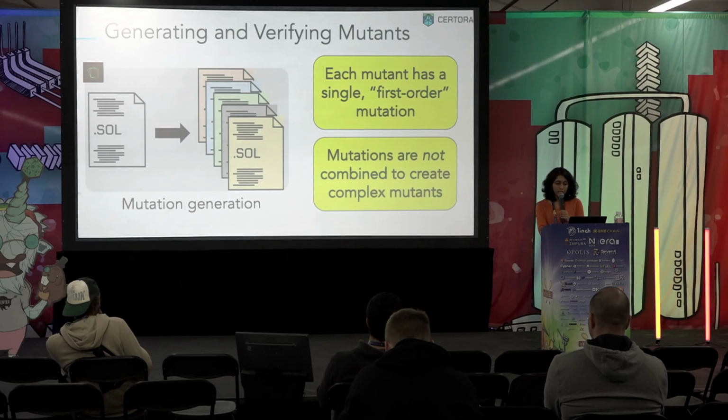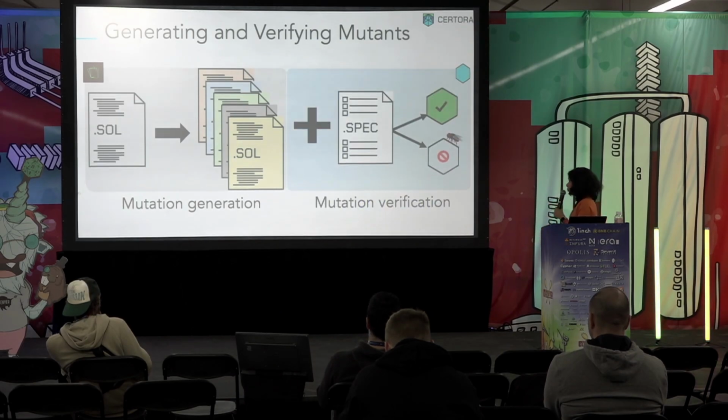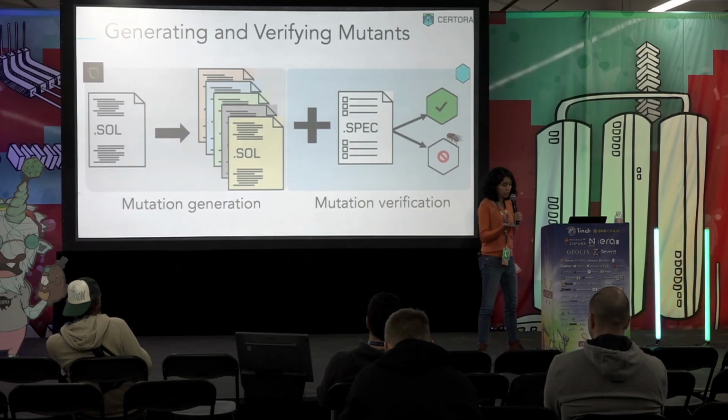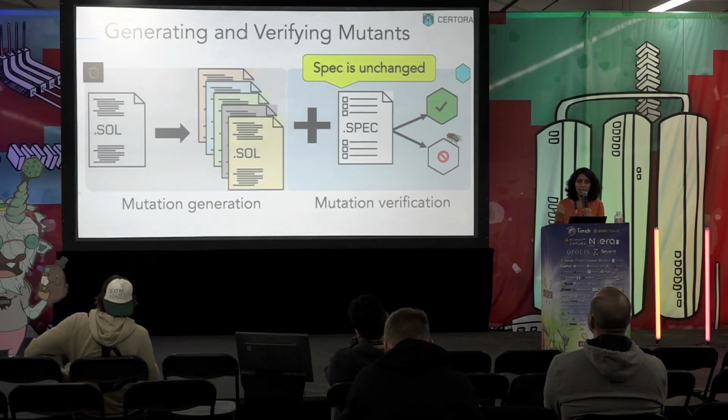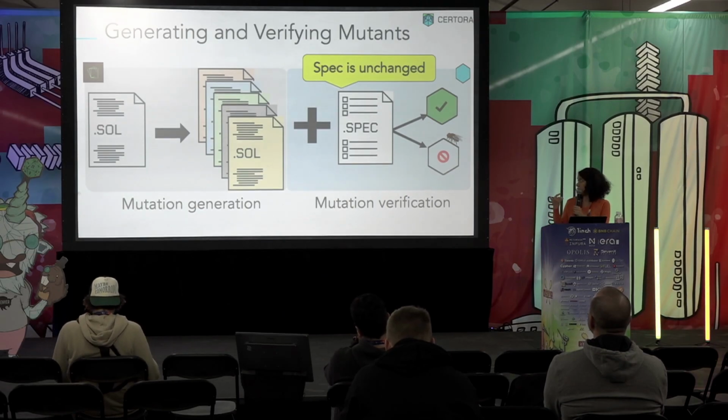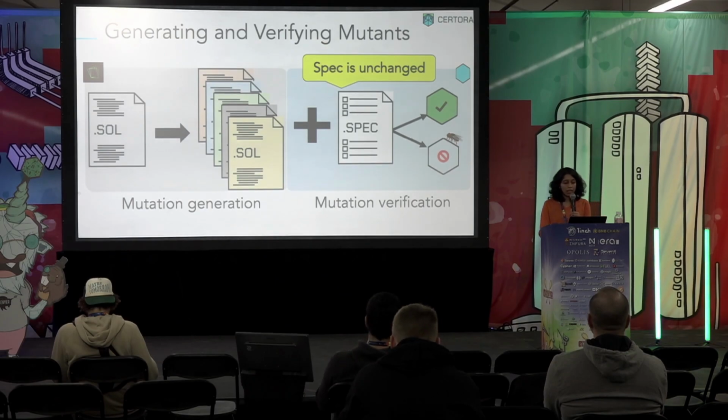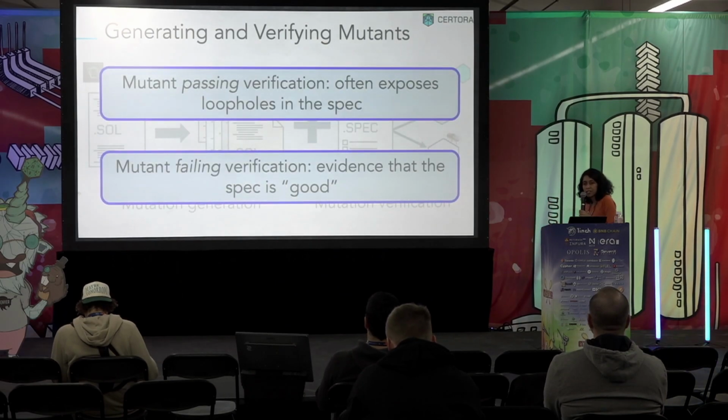Once you have generated these mutants, we will verify each of those mutants using the same original specification. The specification is unchanged, but we're just going to use it to verify each of these mutants. Again, just like we saw before, the verification is going to either tell you that it passed or it failed. So what does it mean for a mutant to pass verification?